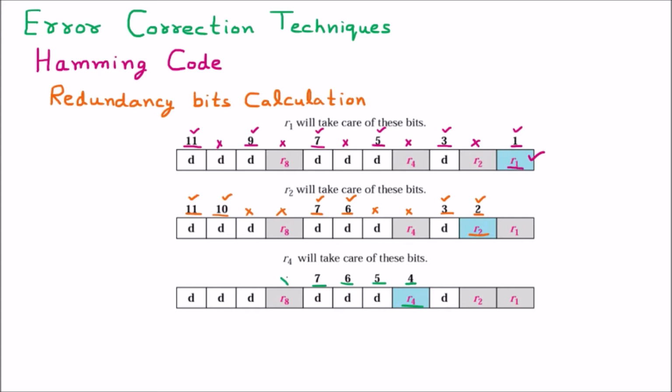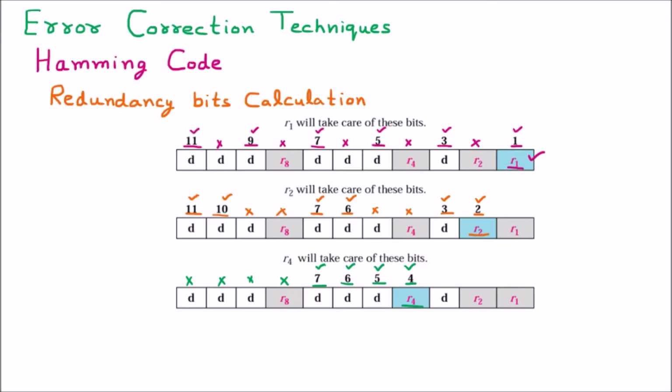Then leave out the next 4: 1, 2, 3, 4. So these 4 are not taken. Maybe if the data is available afterward, then again 4 will be taken, then afterward again 4 will not be taken. So R4 is going to take care of 7, 6, 5 and 4. R4 is going to take care of these 4 bits.